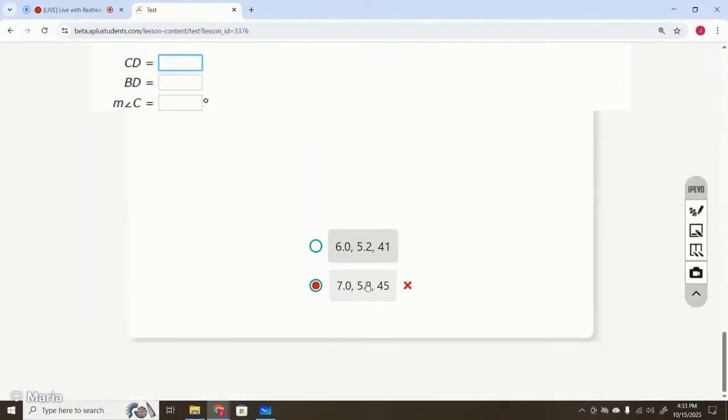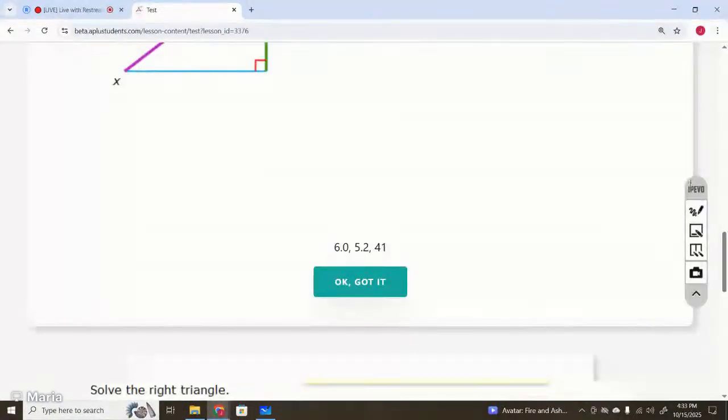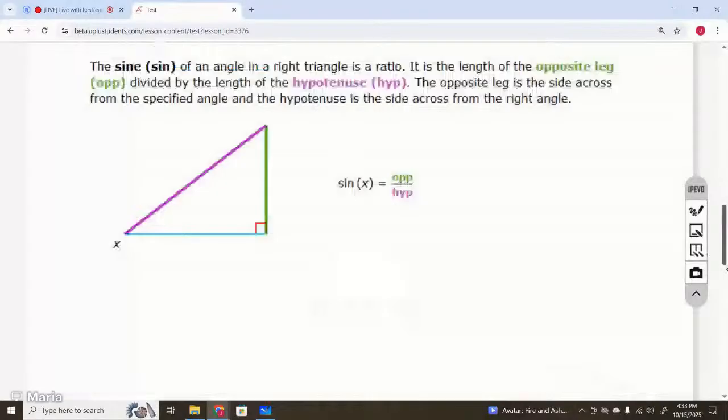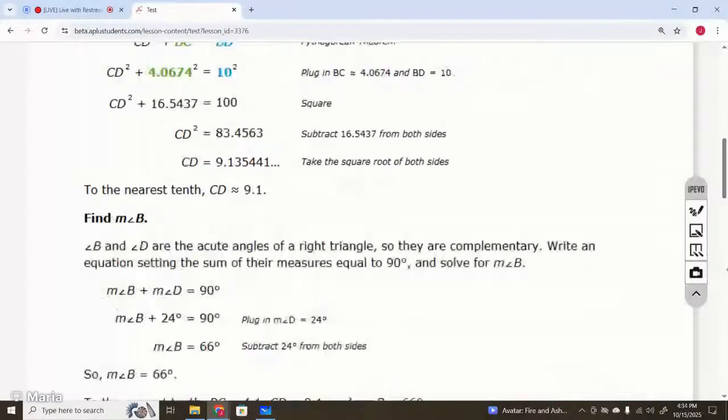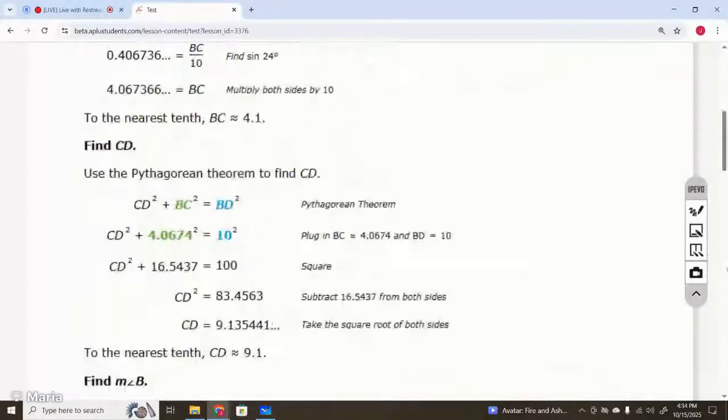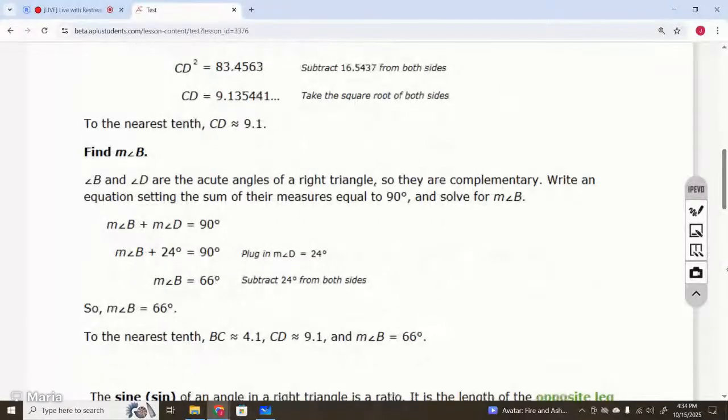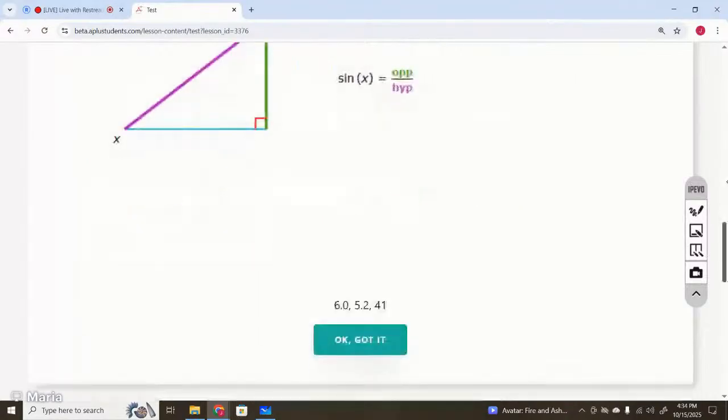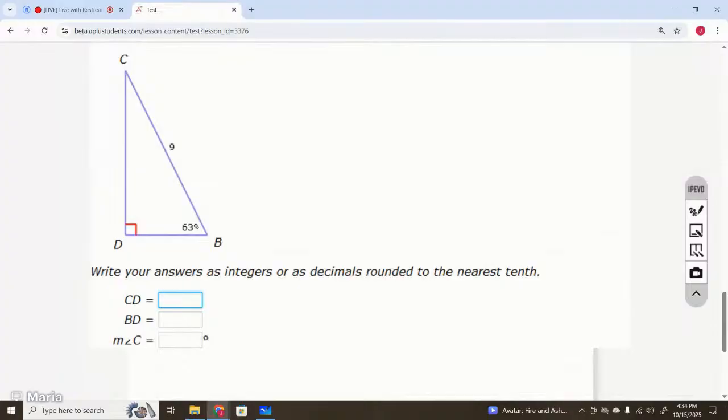Let's just select any one and see. Okay, 41 degrees. How? 24, where is 24? But in the question, we are not given 24, we are given 63 degrees.